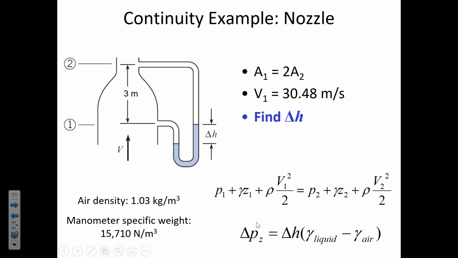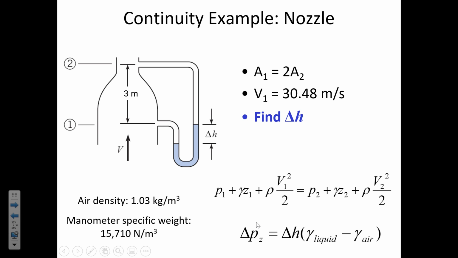So just to reiterate, P sub Z1 is pressure at 1 plus gamma Z1, and P sub Z2 is pressure at 2 plus gamma Z2. Therefore, delta P sub Z is P sub Z1 minus P sub Z2.